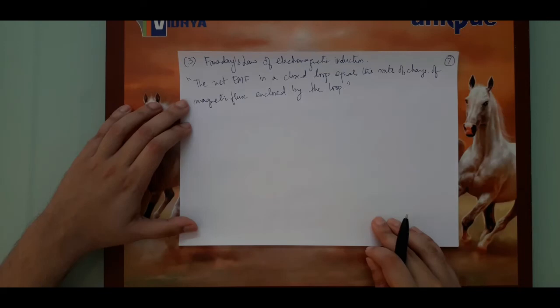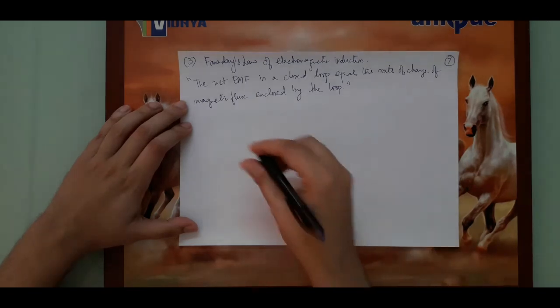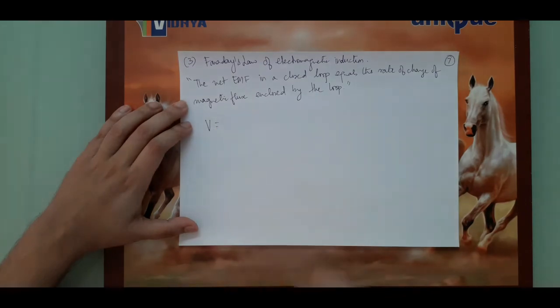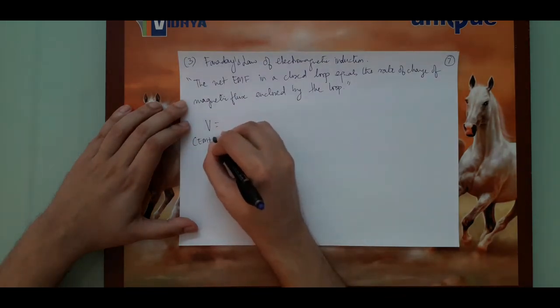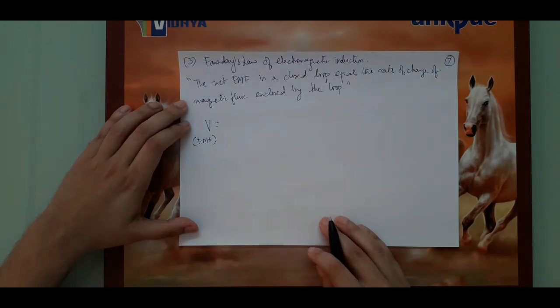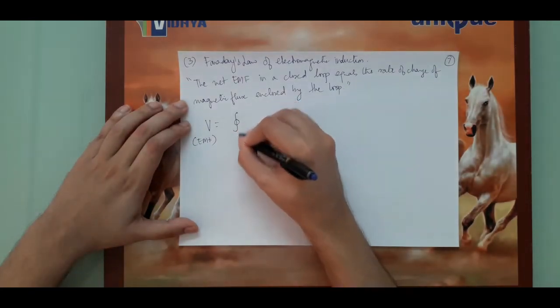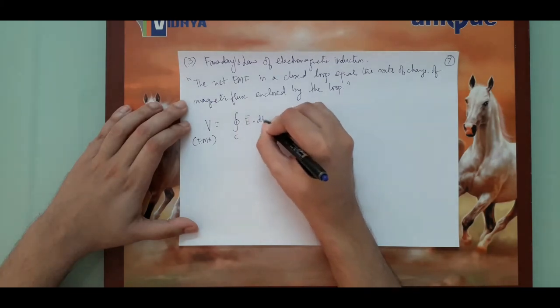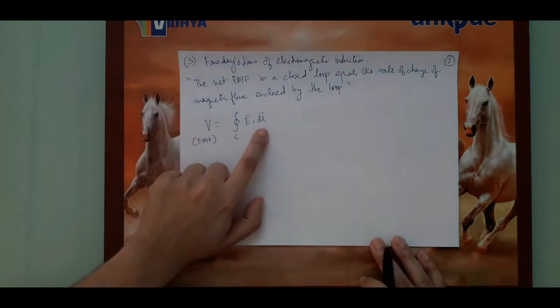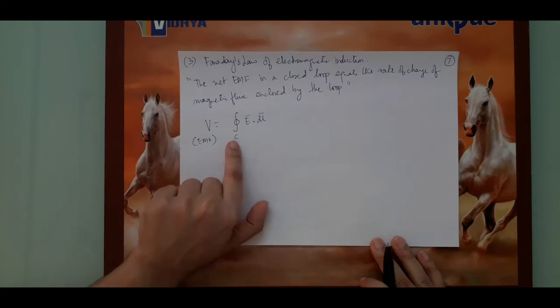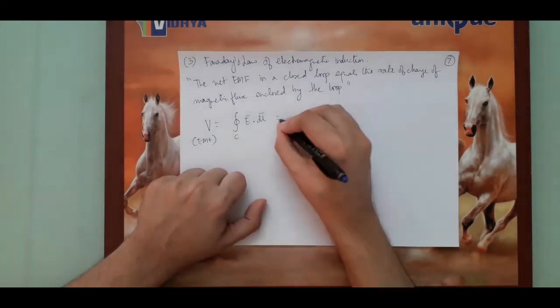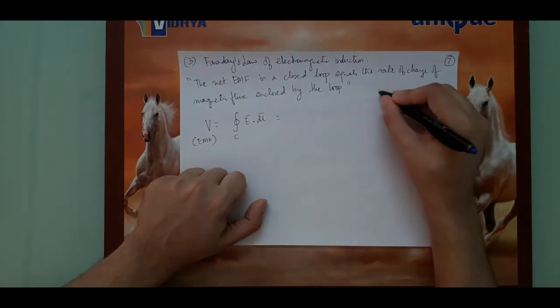So electromotive force is nothing but the potential, which is the EMF. As you know, since there is no question of external electric field right now, the only external thing is the magnetic flux. That is nothing but the integral of the electric field over the length of the closed loop in a closed contour. And that is nothing but the change of the net magnetic flux.